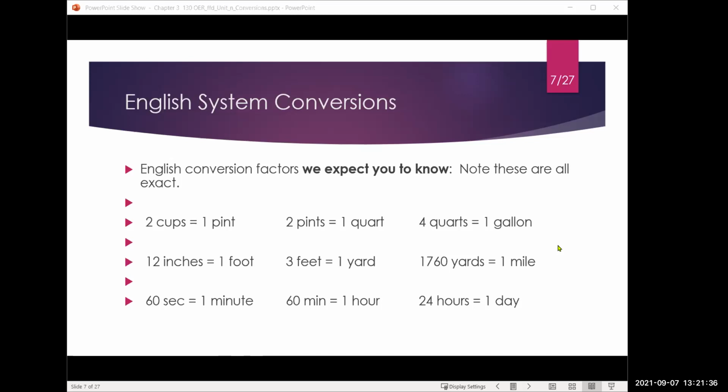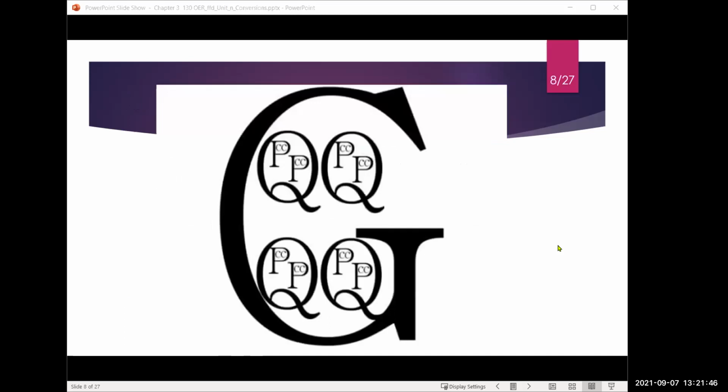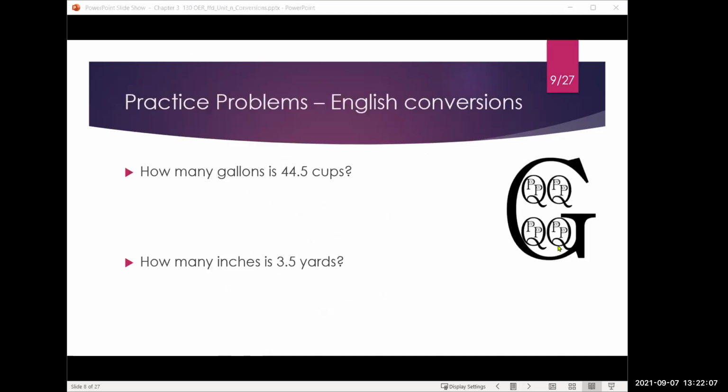Every one of these is a ratio, a fraction that you can set up depending how you need it. Now you can put all that in this picture we showed before where we got the big G. There are 4 Q's for quarts inside the big G. Inside each quart, there are 2 P's for pints, 2 pints per quart, and then inside each P, there are 2 C's that represent 2 cups. 2 cups per pint, 2 pints per quart, 4 quarts per gallon. Again, all those being conversion factors.